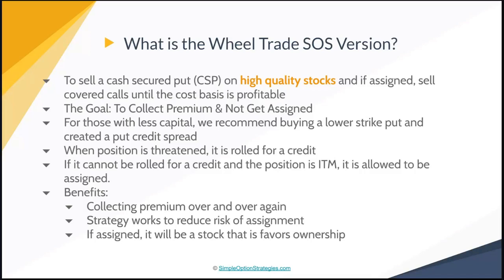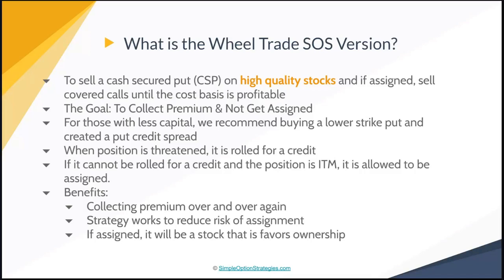So for those with less capital, what we recommend doing is buying the lower strike put and creating basically a put spread out of these, right? Much less capital intensive, and the guys that I trade with love it, just love this trade. Okay, so when the position is threatened, it's rolled for a credit. Okay, and again, if I can't roll it for a credit in this case, right, I will allow it to get assigned and then start doing covered calls on it.